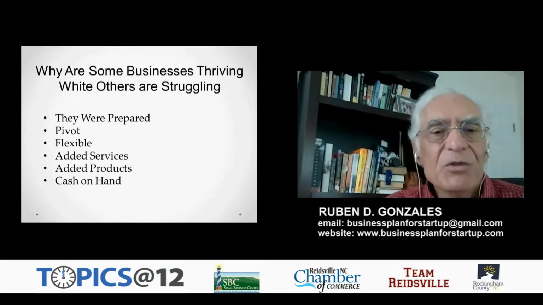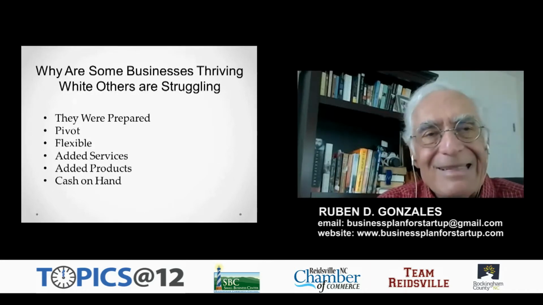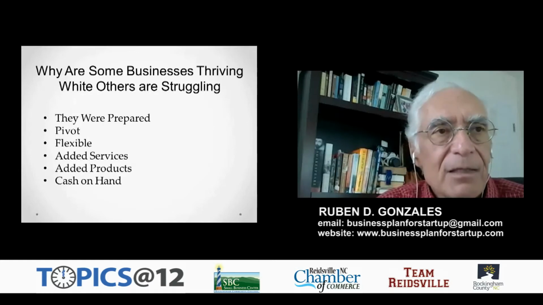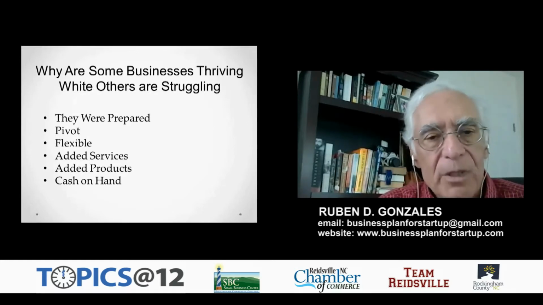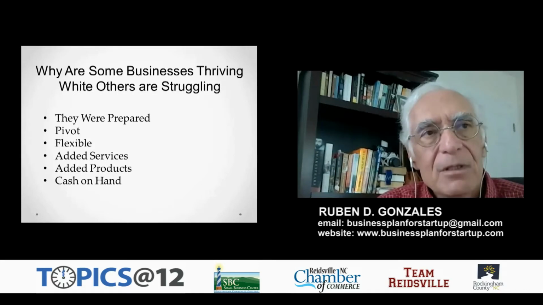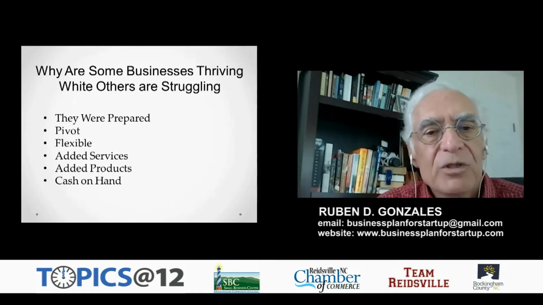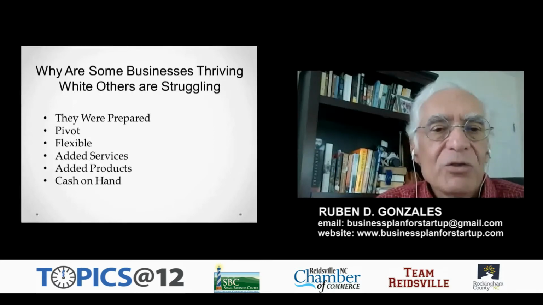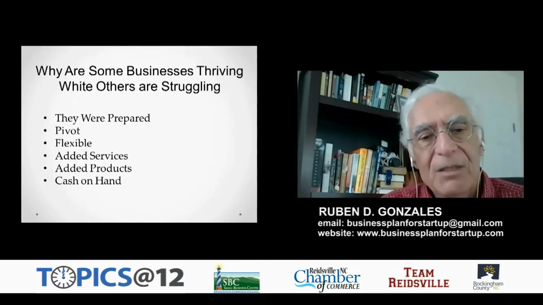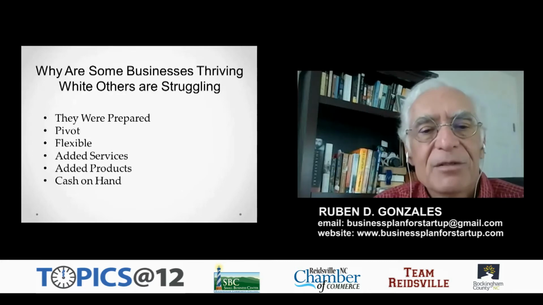There's always going to be some crisis in the economy that's probably going to affect the local marketplace. And when that happens, business is going to fall off. Business is going to suffer. So you have to be prepared. We're going to talk about what some of those preparedness things are, but yes, you have to be prepared.